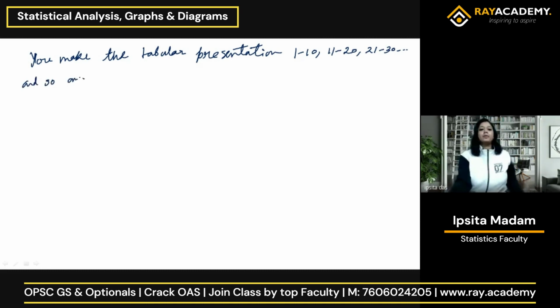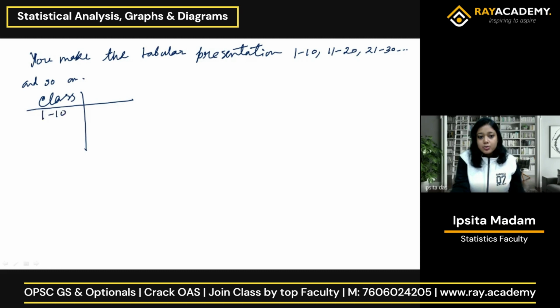So your classes are 1 to 10, 11 to 20, 21 to 30.